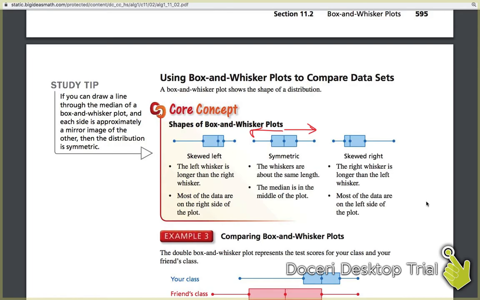And it's kind of the opposite of what you might think. The median is off to the right side, but it tails off. The left side is longer. Okay, how about that? If the left side is longer, we say it's skewed left. If the right side is longer, then it's skewed right. Okay, that's what we're looking at there.